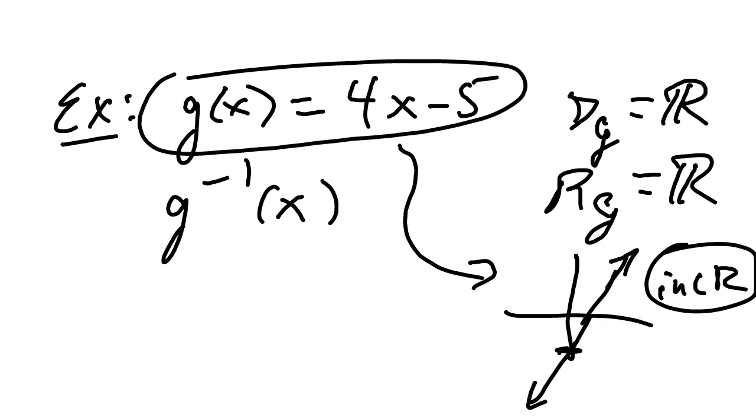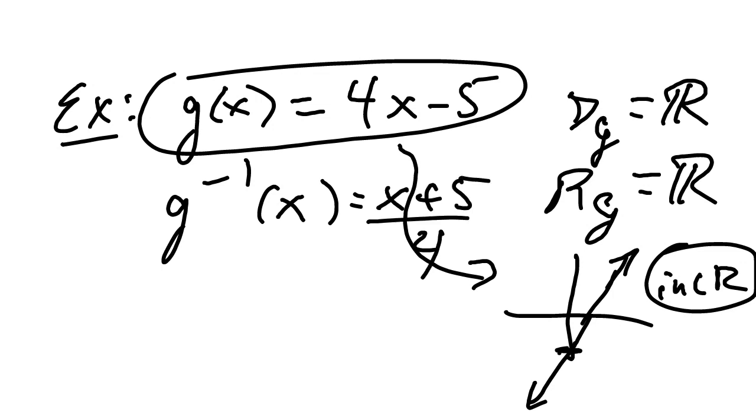So the question is, what is the inverse? I already showed you how to do it. Who's got it? This is class participation. X plus 5 all divided by 4? Yep. That's the conjecture. X plus 5 all divided by 4.